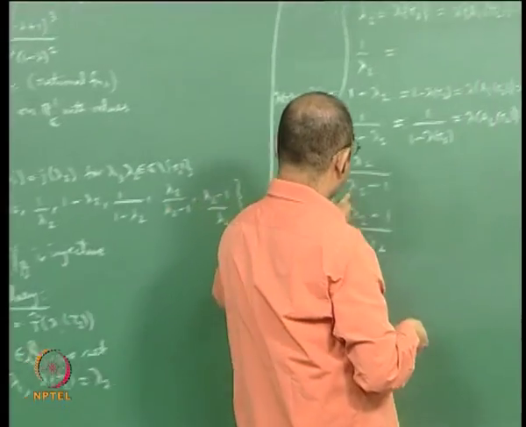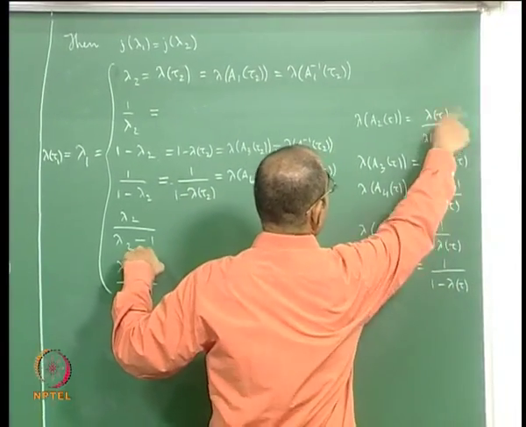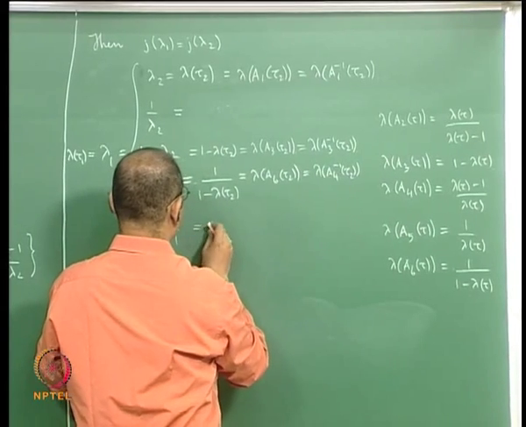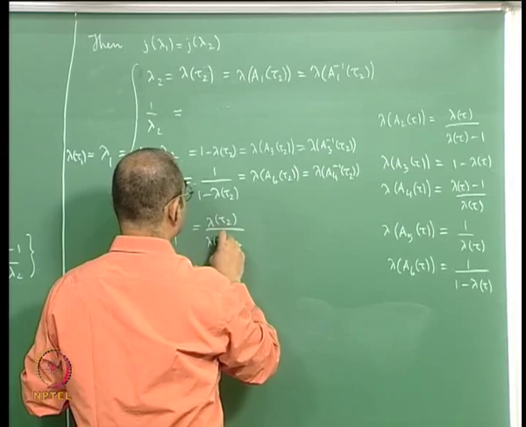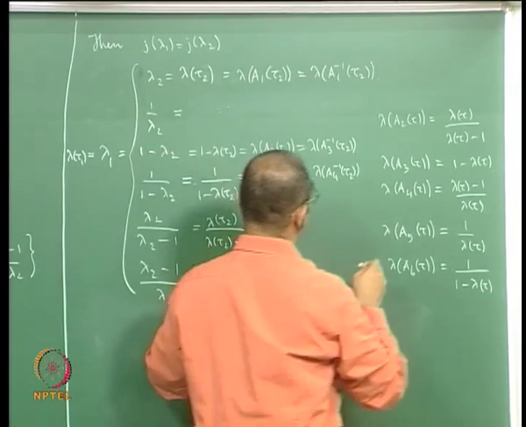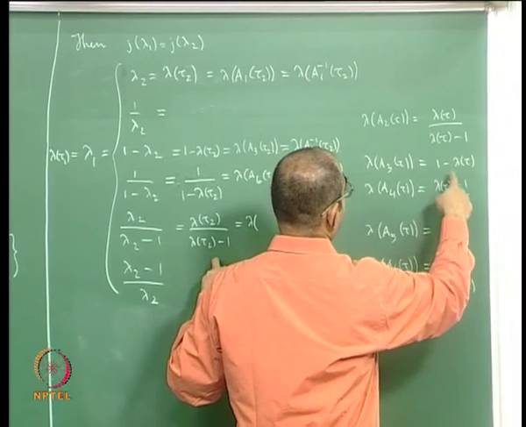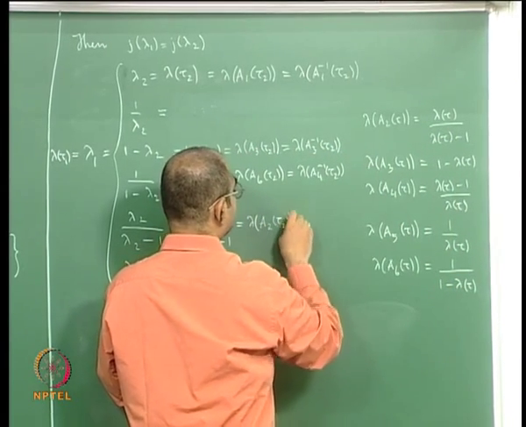Then lambda 2 by lambda 2 minus 1 corresponds to this one: lambda of tau 2 by lambda of tau 2 minus 1, and lambda by lambda minus 1 is lambda of a2 of tau 2, okay.